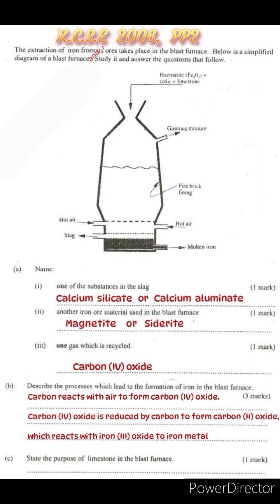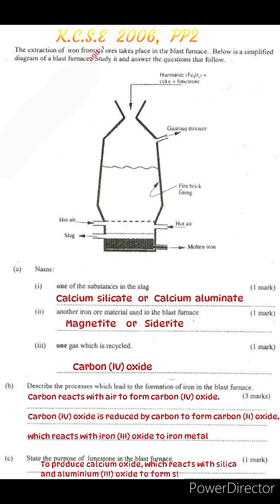The carbon 2 oxide then reacts with the iron 3 oxide to form iron metal. Okay, part C. State the purpose of limestone in the blast furnace. So of course, it's to produce calcium oxide, which reacts with silica or aluminium 3 oxide to form slag. This is important because it leads to the removal of some impurities.